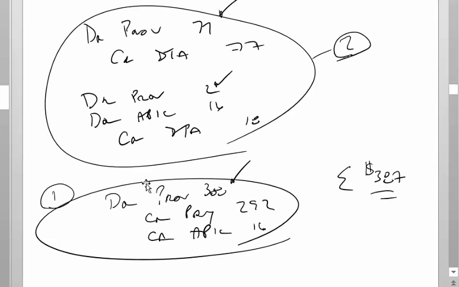Okay, so let's say end of year 1, and I have payable, DTA, provision, cash, APIC, and mystery account, in case we need to plug the balance sheet.